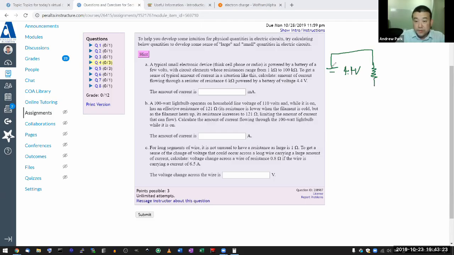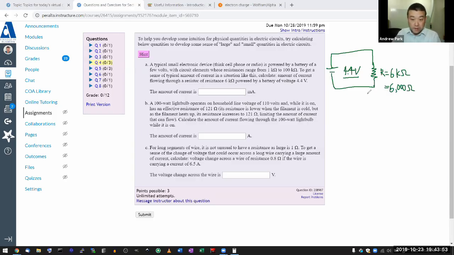So what you have is a 4.4 volt battery connected to this resistor, which is simulating your typical small electronic device. And I'm given the resistance of 6 kilo ohm, or 6,000 ohm.